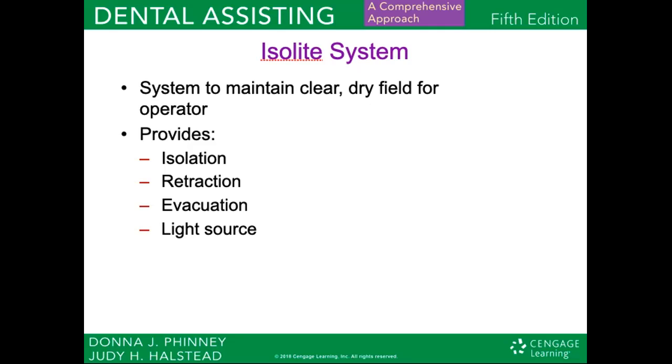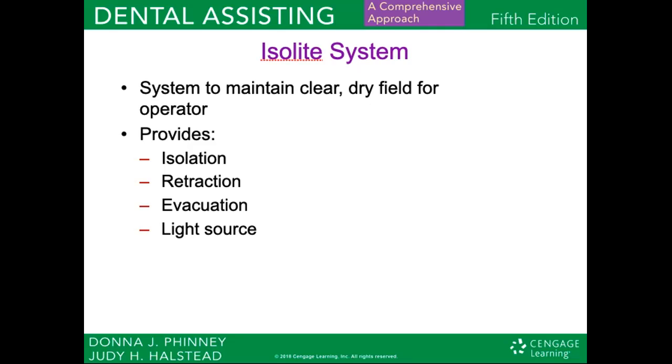The system includes a housing and control head and a one-time use mouthpiece. The control head includes a light emitter, a dual channel vacuum, and controls for both. So before the procedures begin, the device is connected to the dental unit's evacuation system, as well as an electrical source.